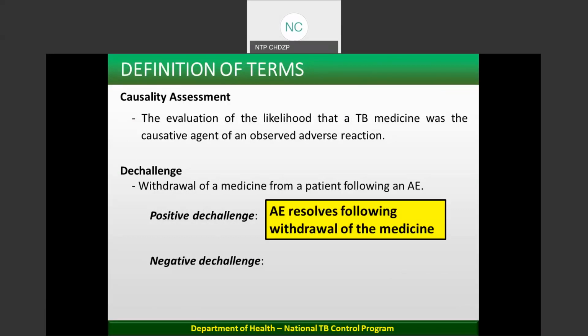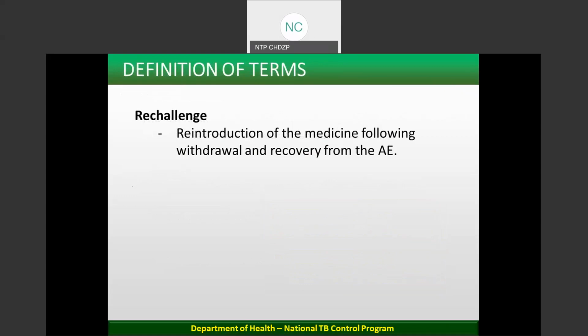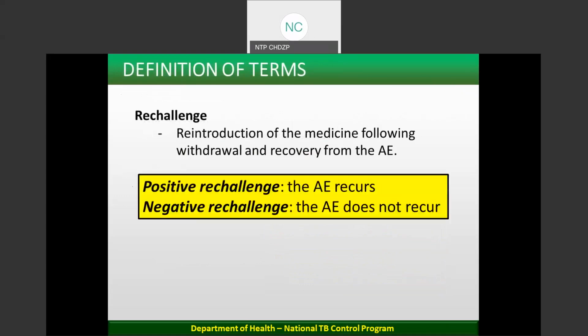For positive dechallenge, these are the adverse events which resolve following withdrawal of medicines, while negative dechallenge, the adverse events continue despite withdrawal of medicine. Rechallenge is defined as the reintroduction of the medicine following withdrawal and recovery from the adverse events. Positive rechallenge, the adverse events recur, while on negative rechallenge, the adverse events do not recur.